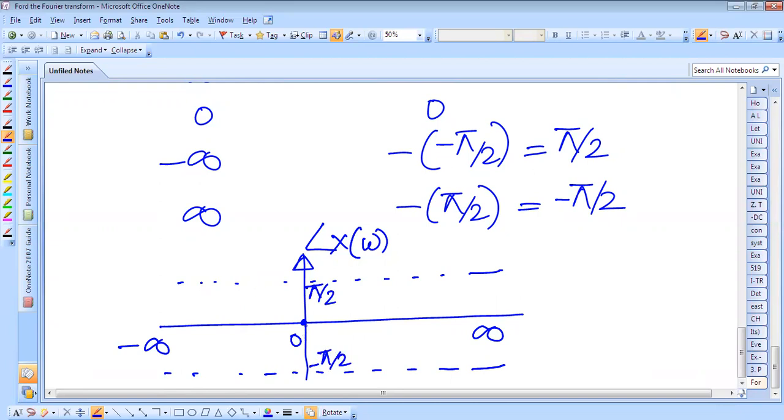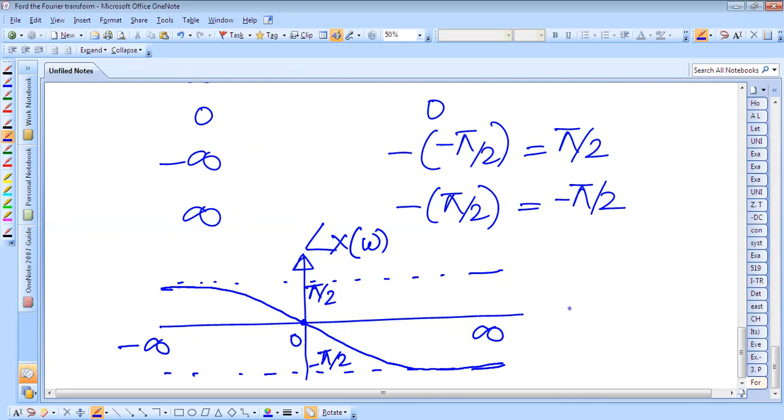So when it is 0, it is 0, and at minus infinity it is pi by 2. At plus infinity it is minus pi by 2.